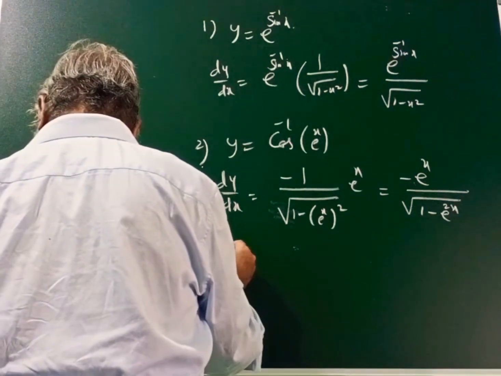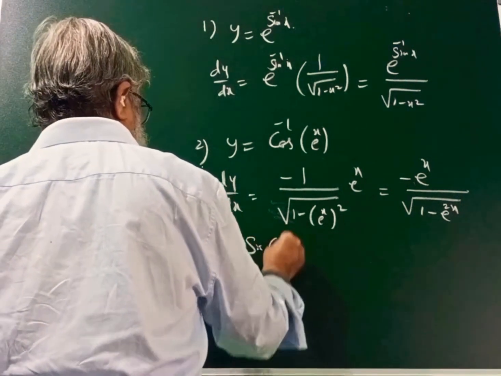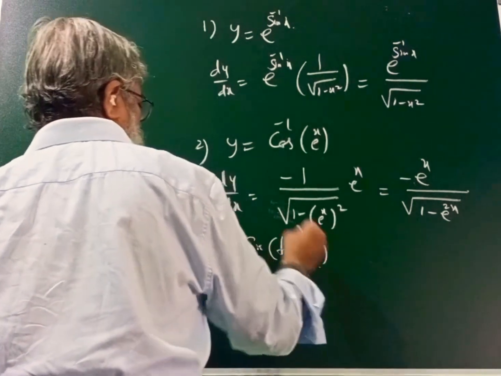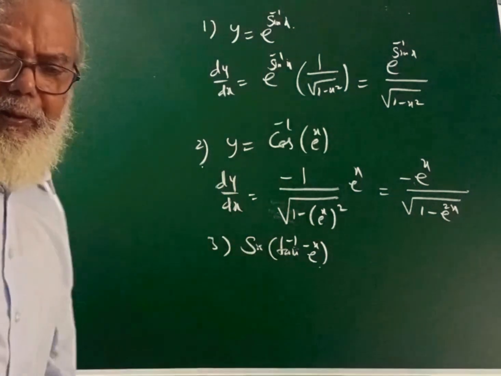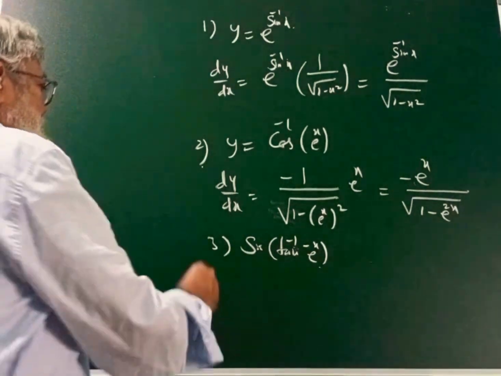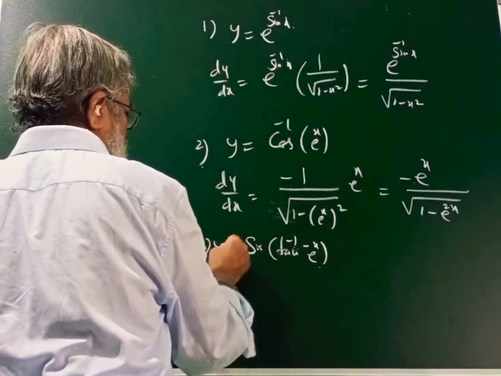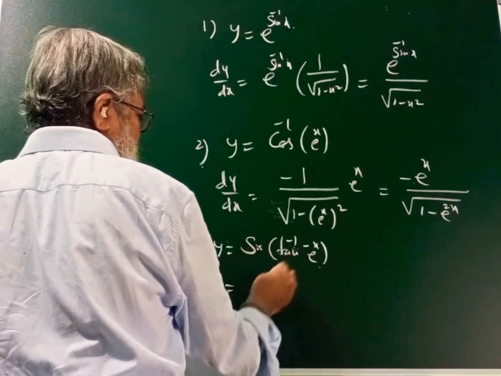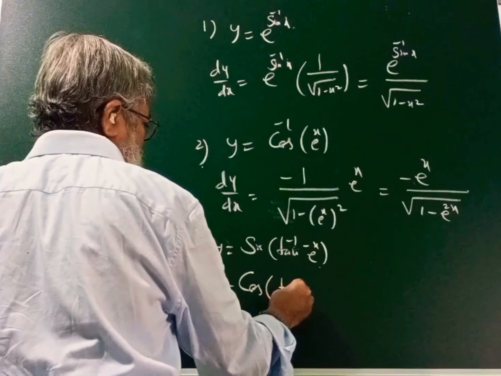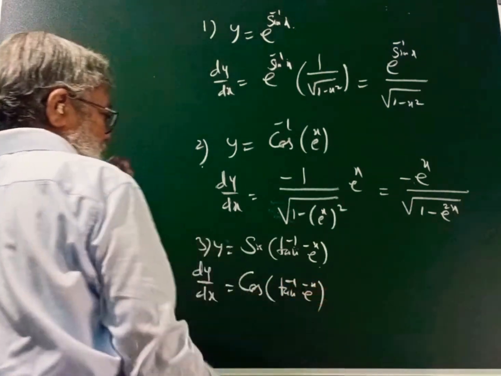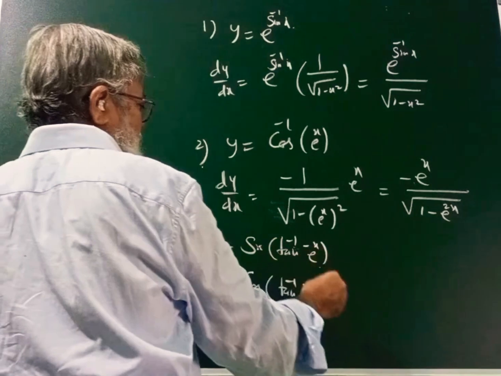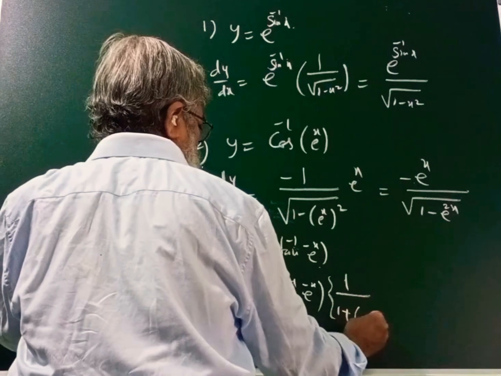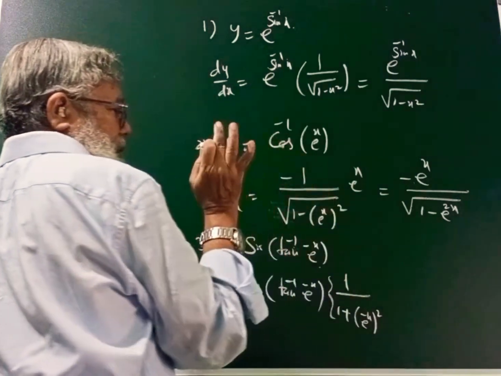Third one, let us take sine of tan inverse of e raised to minus x. We have to differentiate it. Suppose this is equal to y. First differentiate sine: the differentiation of sine x is cos x, whatever the value of x, here e raised to minus x tan inverse. This is with respect to sine. The differentiation of tan inverse x is 1 by 1 plus x square, and in place of x we have e raised to minus x.